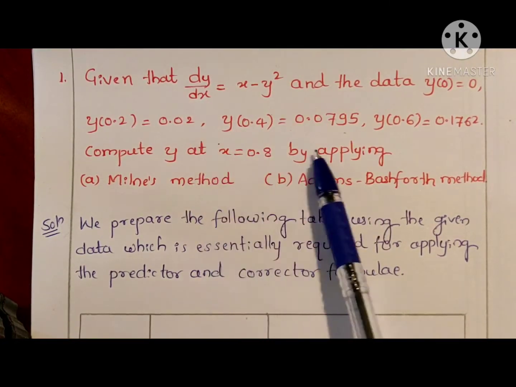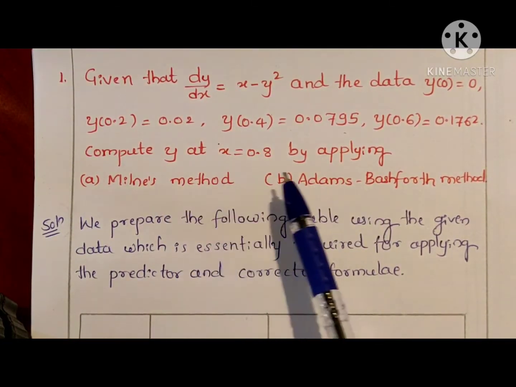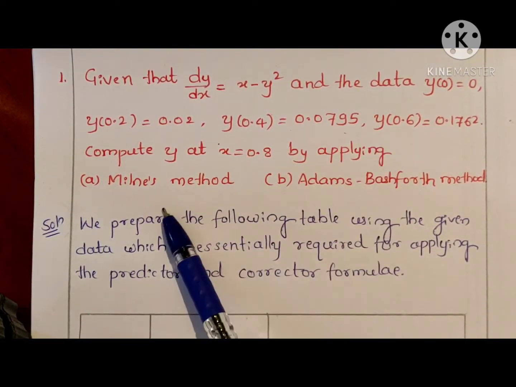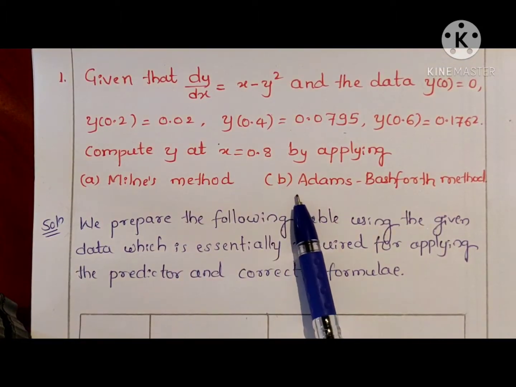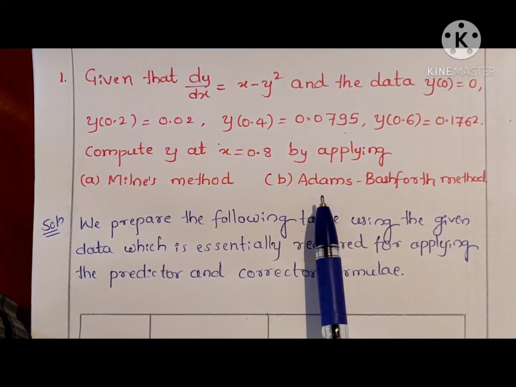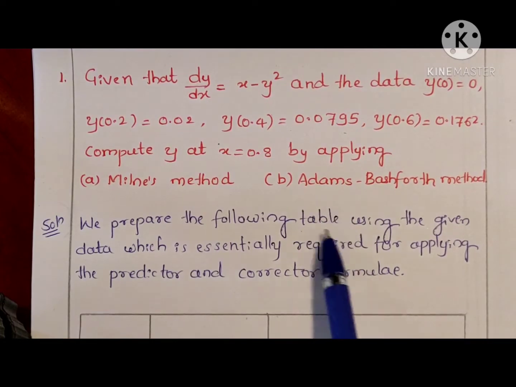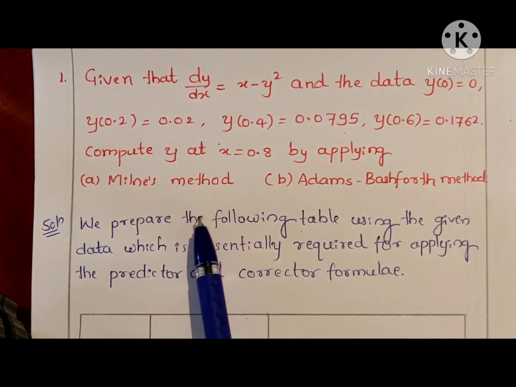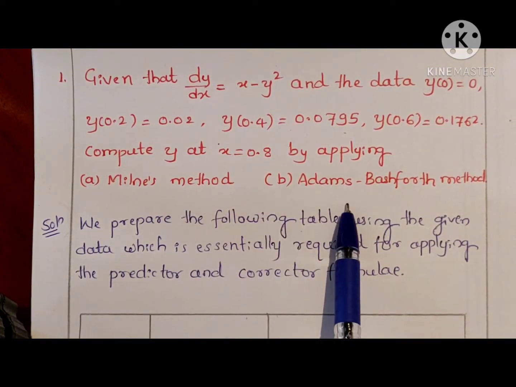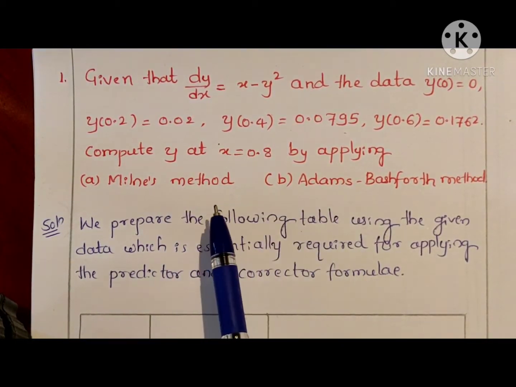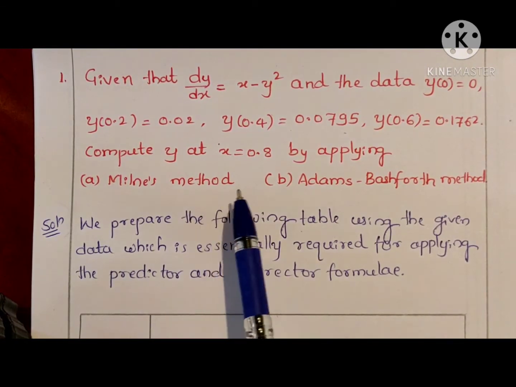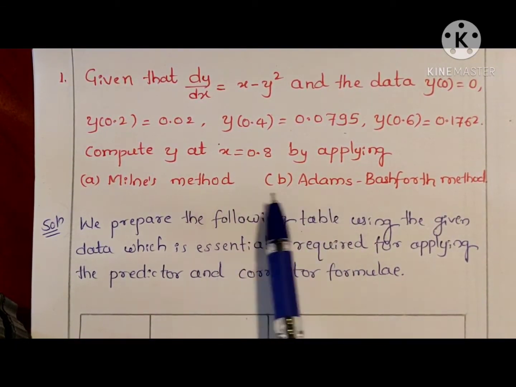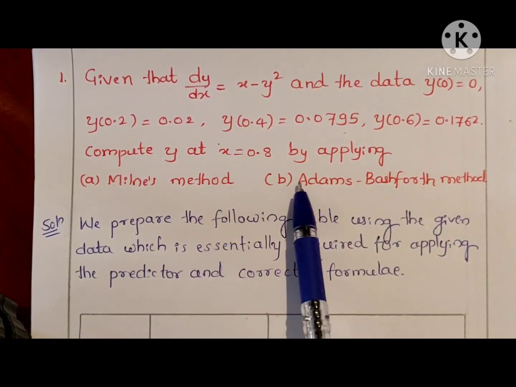For both the problems, table values will be the same, only there is a difference in formulas. That's why you can use the same table values to find the solution y4 using Milne's method and Adams-Bashforth method. Whatever method you use, y4 will be the same for the same set of data.